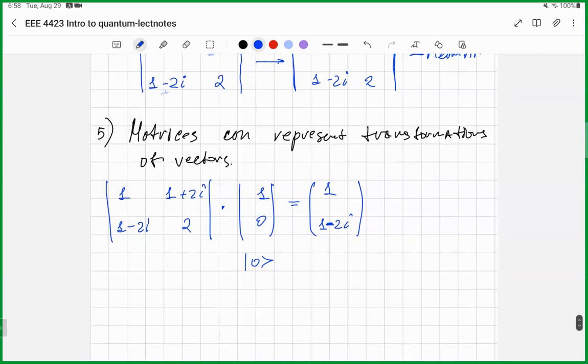And this is a pretty important point, because in quantum, as I already mentioned, the state of a quantum system is given by a vector, and whatever we do with the state of the quantum system will be given by a matrix, a matrix with a specific property.